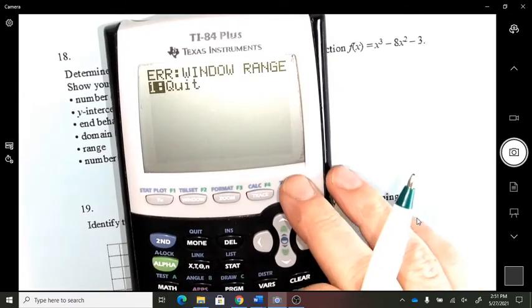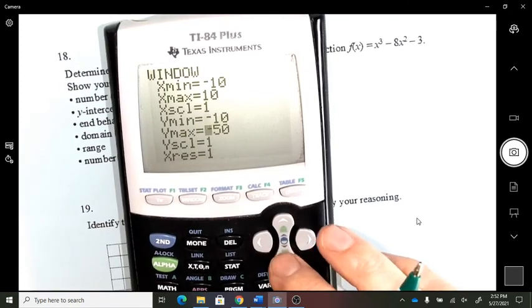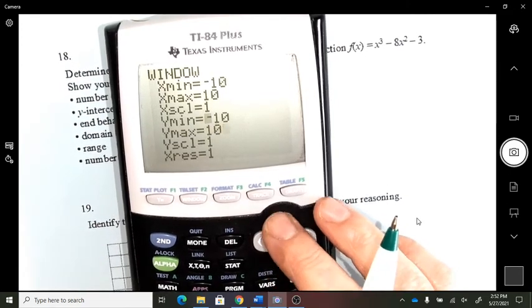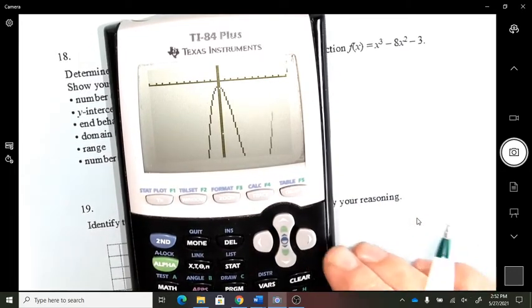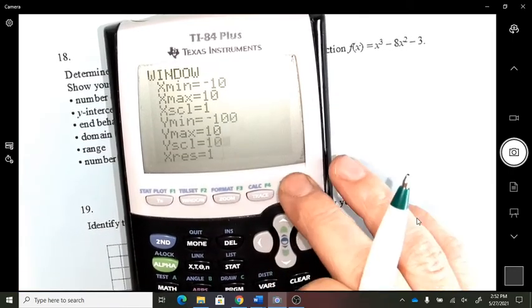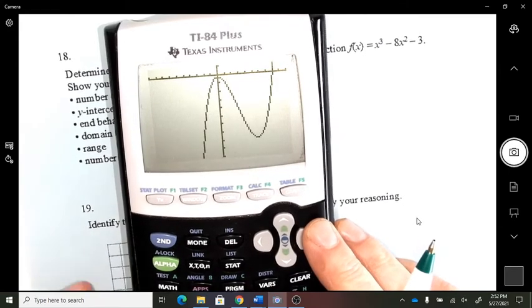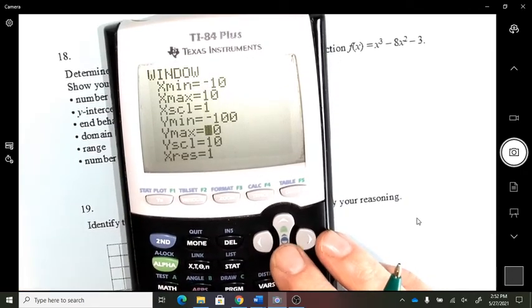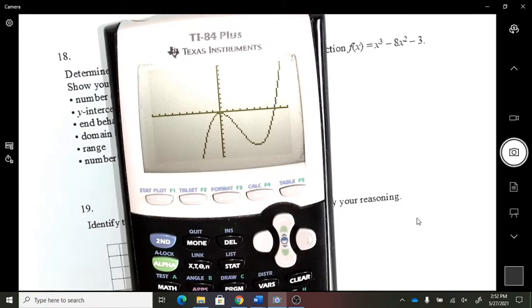If anybody has anything that works, let me know. Okay, I don't know. I went to -100. Okay, my y's are hundreds. That's what I did. Can see it all.